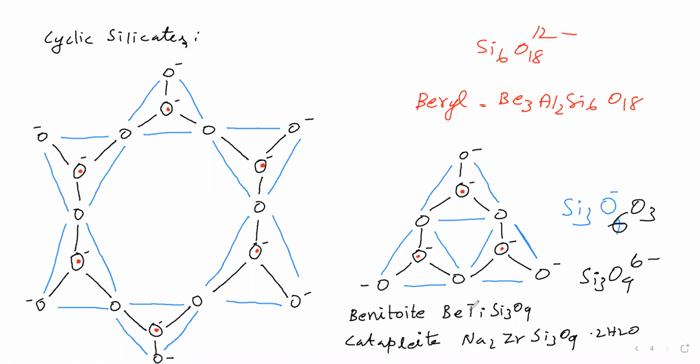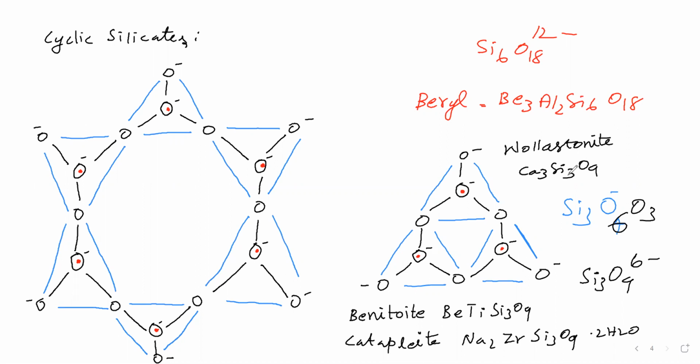Next example, wollastonite. For this formula, Ca3Si3O9. Okay.